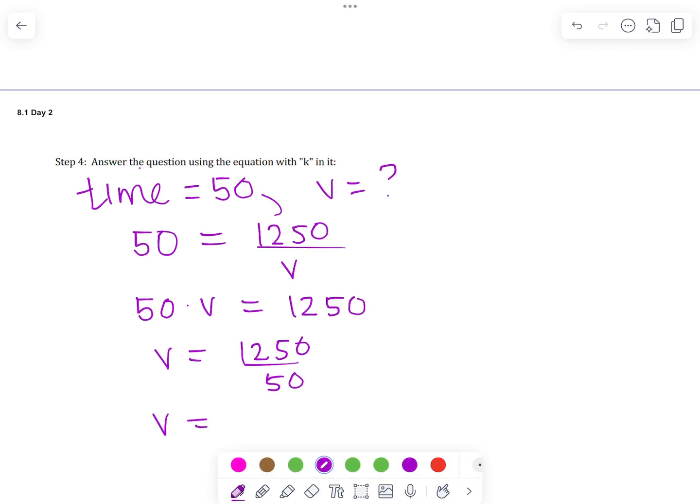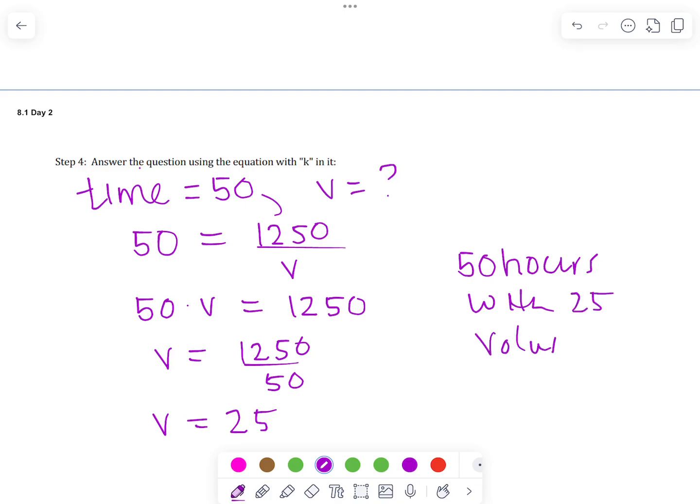So we get v equals 25. So what we found is it takes 50 hours with 25 volunteers to build this house.